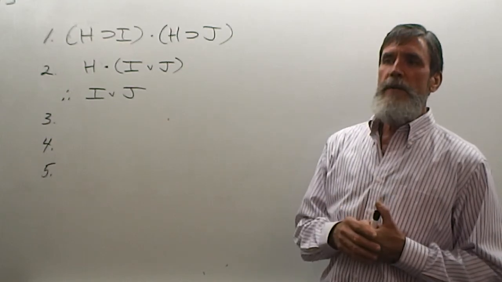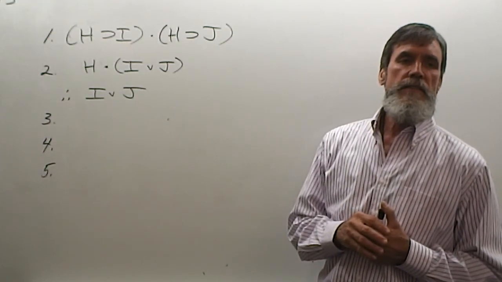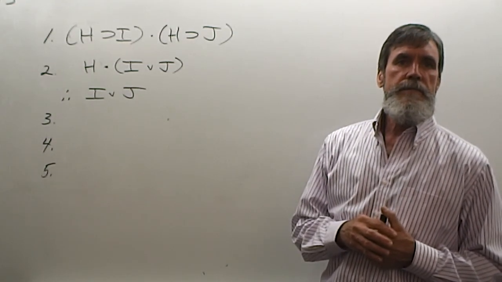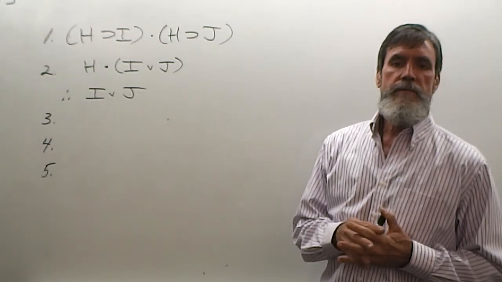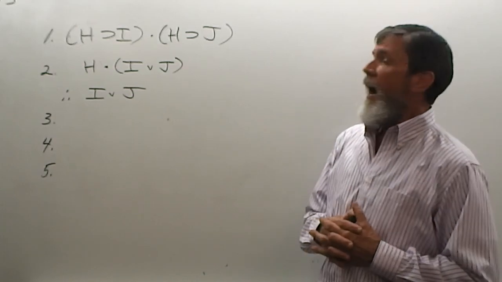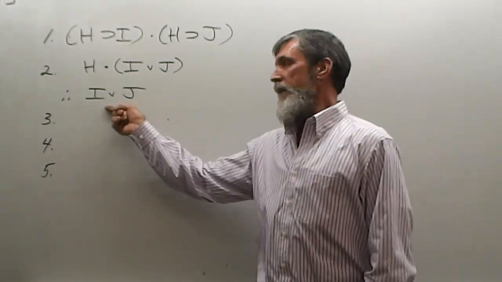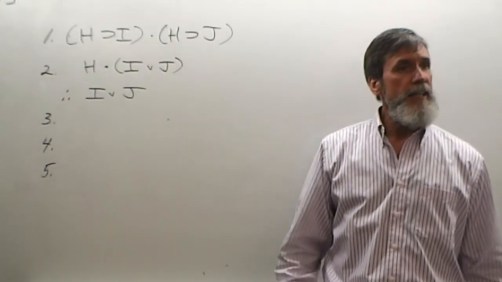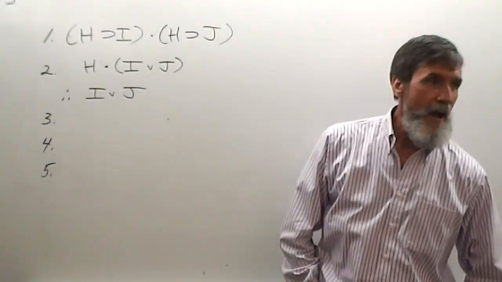Well, we know more than that. We know exactly what the wedge is. Figure it out. Let me know when you get it. I wedge J, which, by the way, happens to be the conclusion we're after. That's very suspicious, if you ask me.